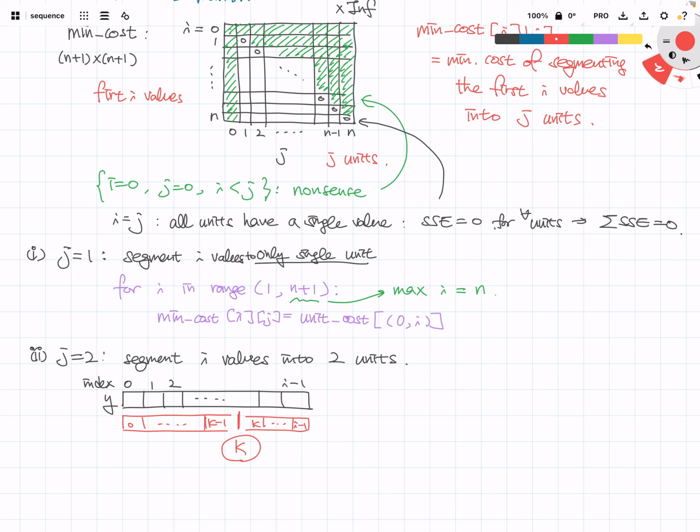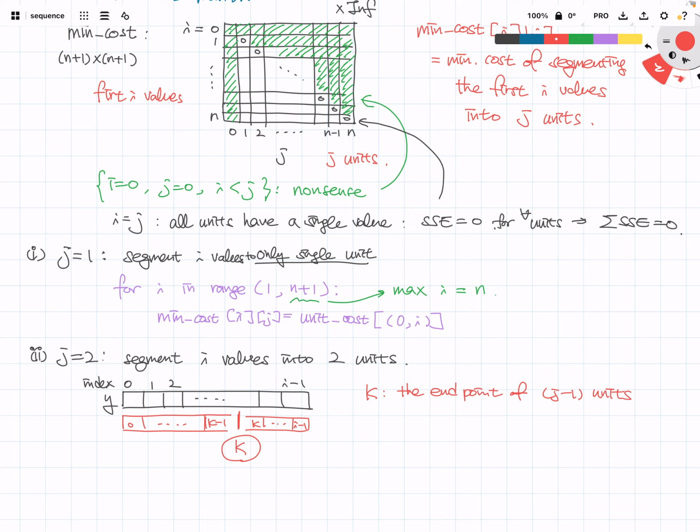So this is the splitting point. And we can define k as the end point of j minus 1 unit. So it means that this is j equal 2, so you have only 1 unit before the k. But in general case, when j is larger than 2, it is the end point of all the units other than the last unit, right?